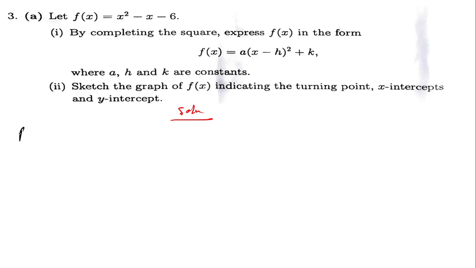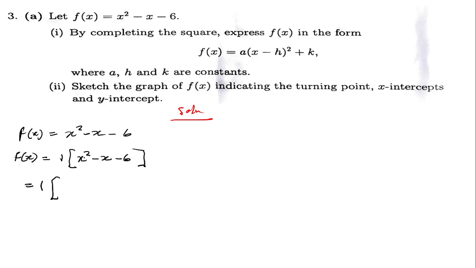So we have f of x equal to x squared minus x minus 6. What we are going to do is factorize the 1 there, so x squared minus x minus 6, and then find the half of the coefficient.